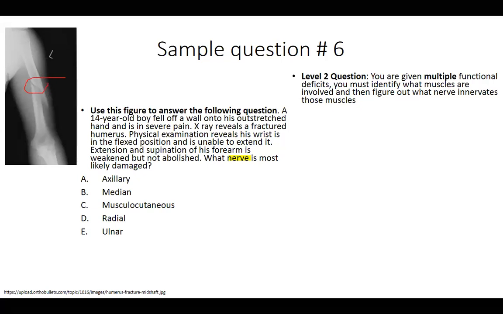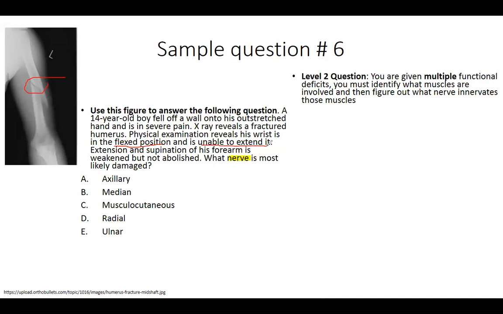All right, so let's continue. Physical examination reveals his wrist is in the flexed position and he is unable to extend it. Okay, so that's part of your clue there. It's in the flexed position and he is unable to extend it.